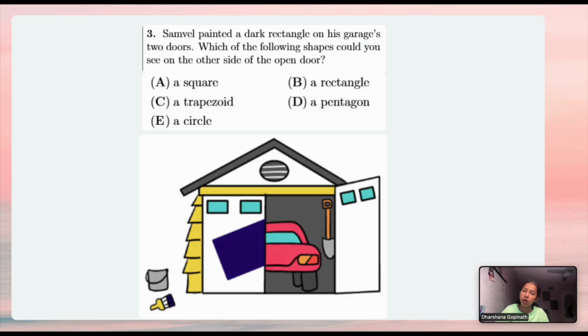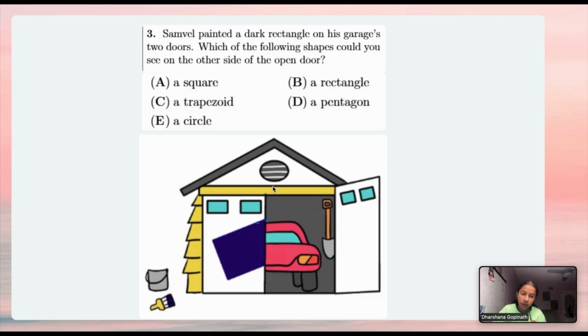Samville painted a dark rectangle on his garage's 2 doors. Which of the following shapes could you see on the other side of the open door? They're asking for what shape will be there for the missing piece of this rectangle.